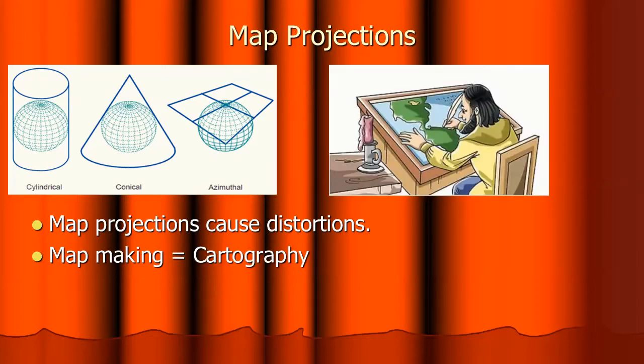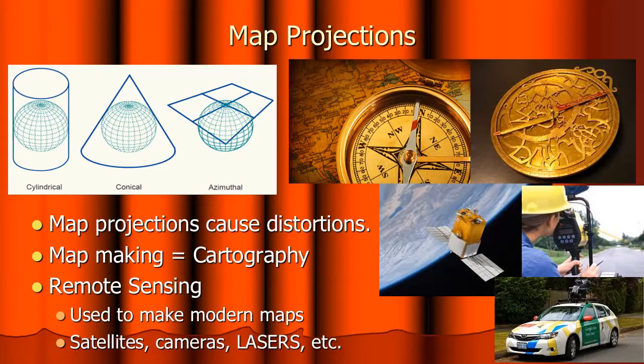People that make maps are called cartographers, and the process of map making is called cartography. And the way in which map makers make maps has really changed a lot over the years. You can see up here a compass. This object at the top right here is called a sextant, which was used to make maps thousands of years ago, especially maps of the sky, but it was also used to locate your position on Earth.